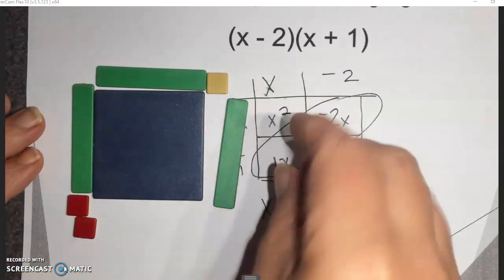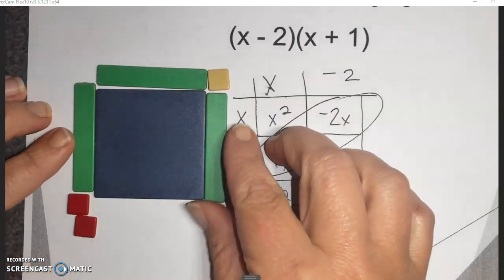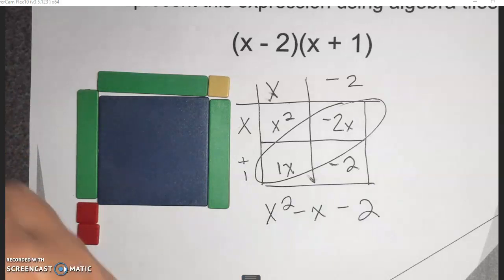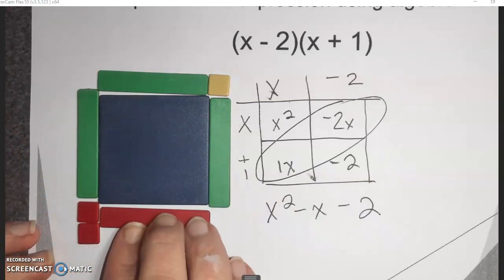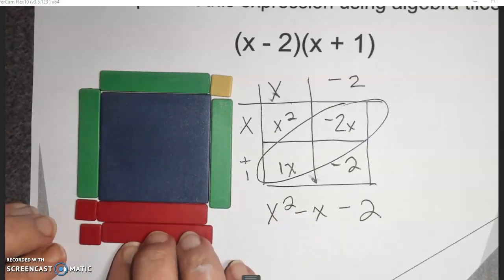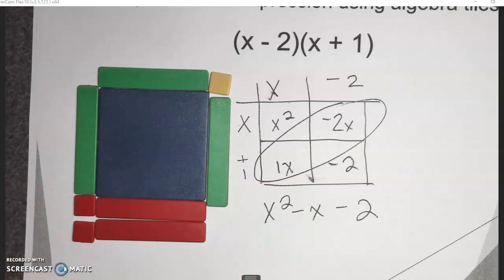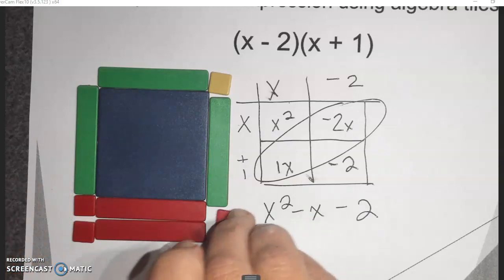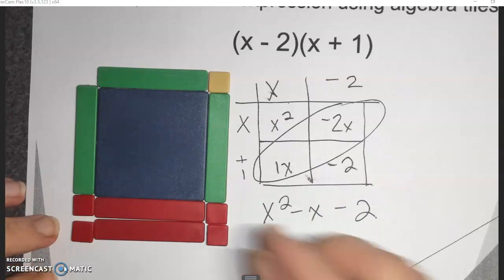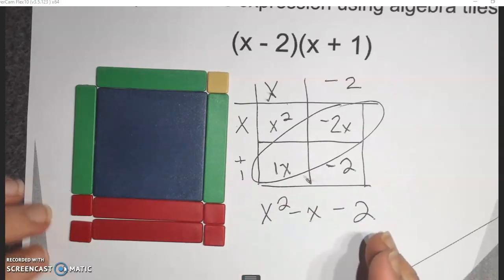Here we have a positive x. But here, we have two negative x's for these negatives. And then we have, because these are negative, two negative 2's, or a negative 2.